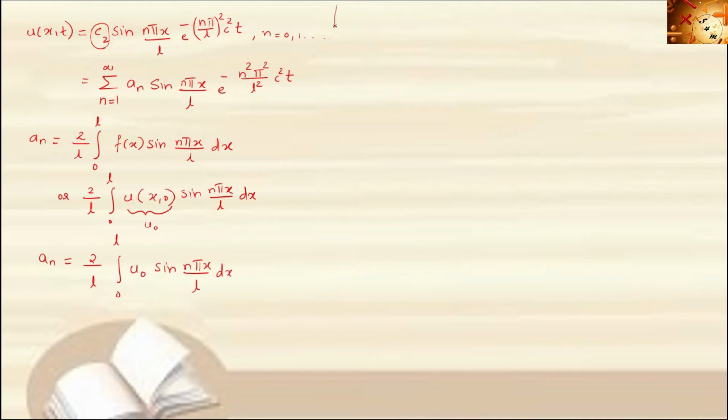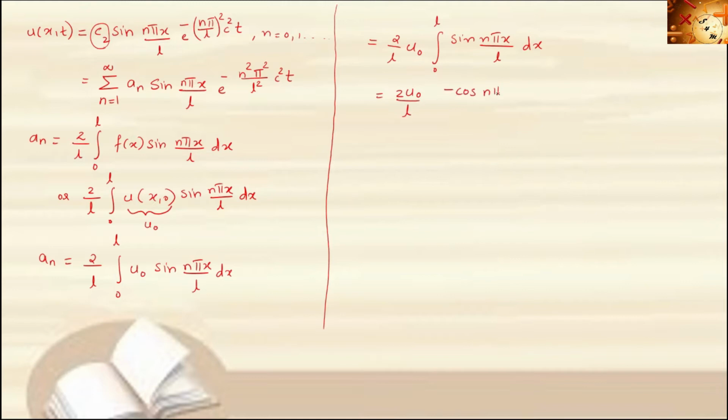Integrating this, we have 2 by L. Here u naught is a constant term, so integral 0 to L sin(n pi x divided by L) dx. So this is equal to 2 u naught divided by L. The integral of sine is minus cos(n pi x divided by L) divided by n pi by L, within the limits 0 to L.